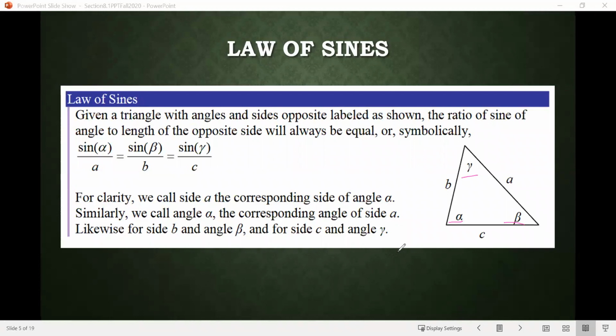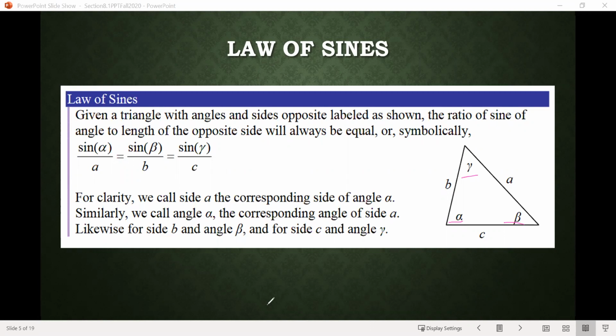But when you use the law of sines, you don't necessarily have to have those labels. Here's what's important. Notice here in the formula it says sine of alpha over a, sine of beta over b equals sine of gamma over c. And notice in each case how the position of the angle in the picture relates to the side that it's paired with in the formula.